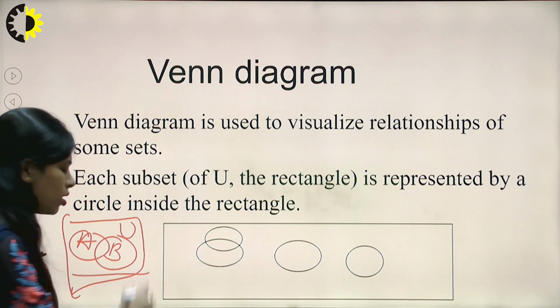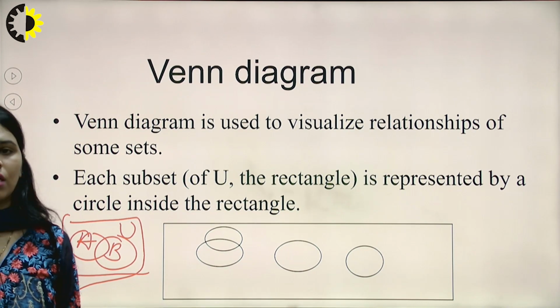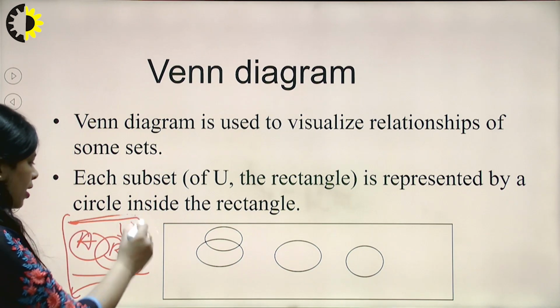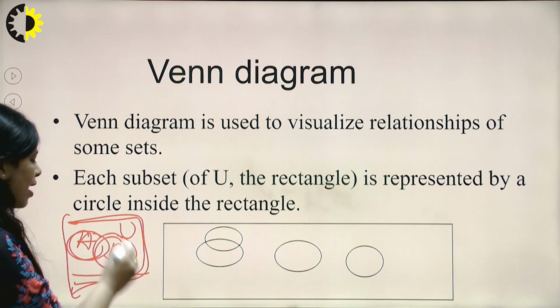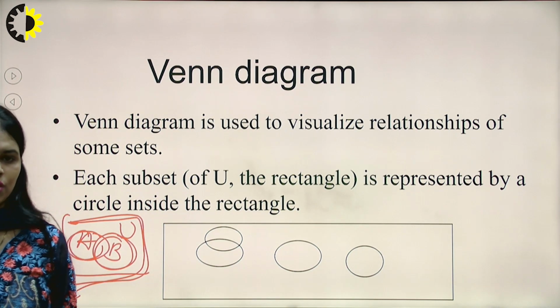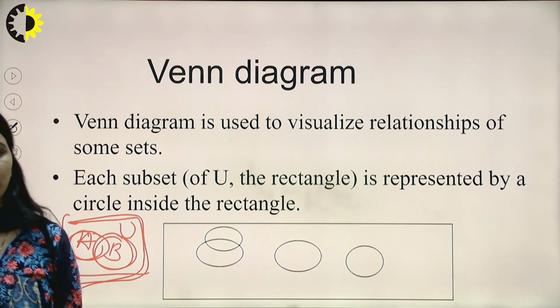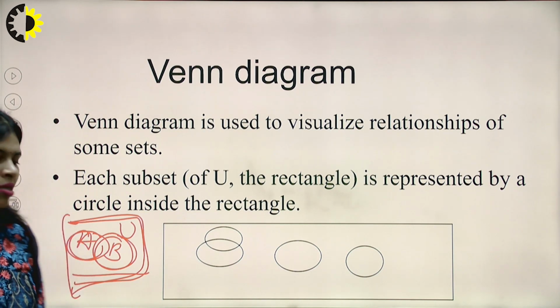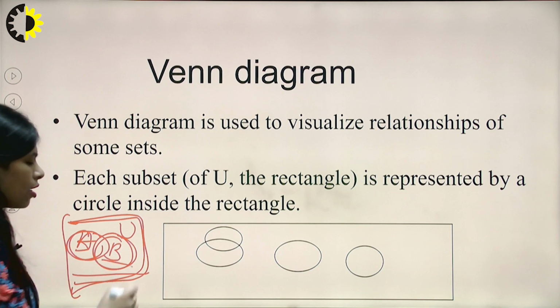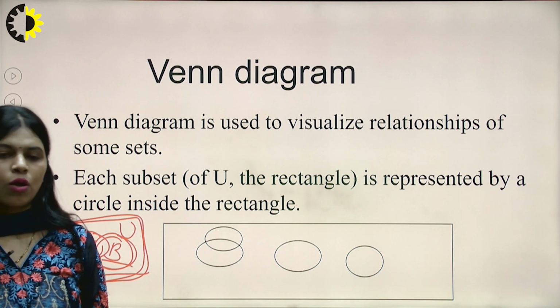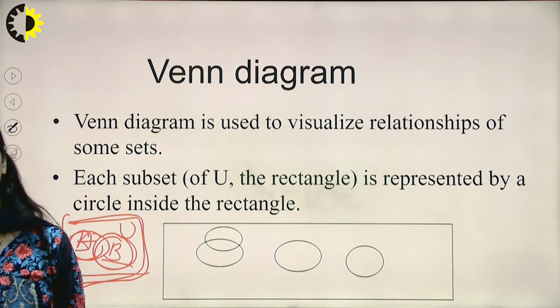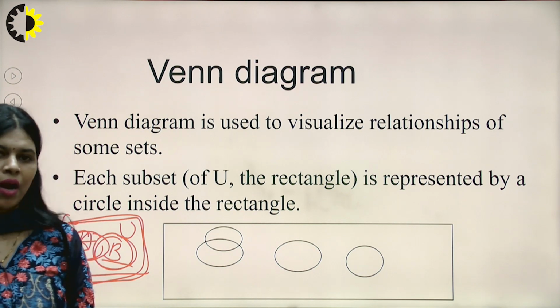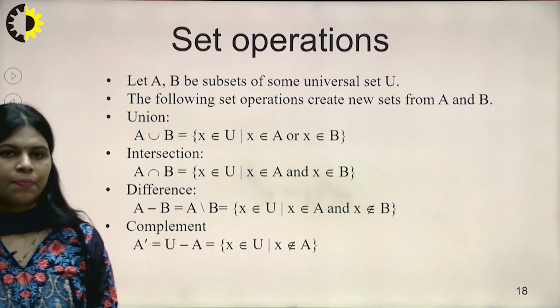This representation includes the rectangle and circles inside the rectangle, inside the universal set. Why inside? Because the universal set carries all the elements, so set A and set B are also inside it, as they are part of the universal set.